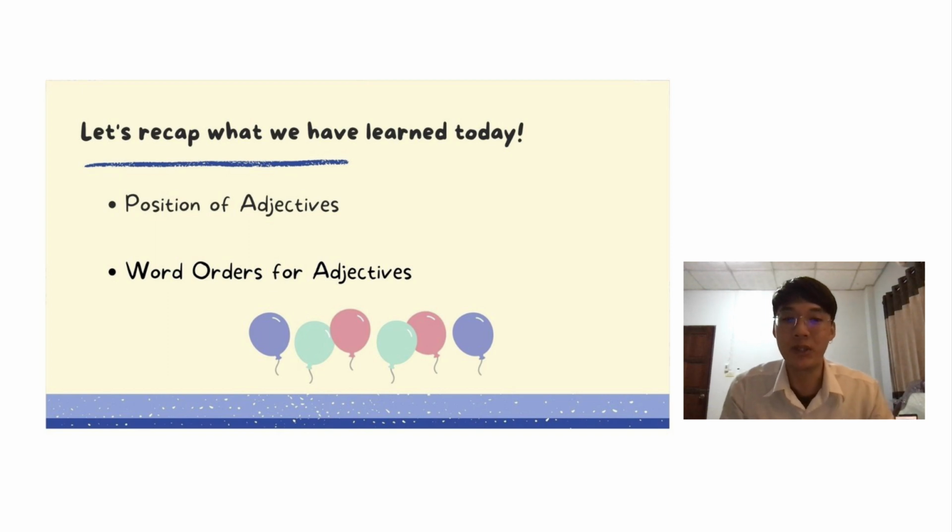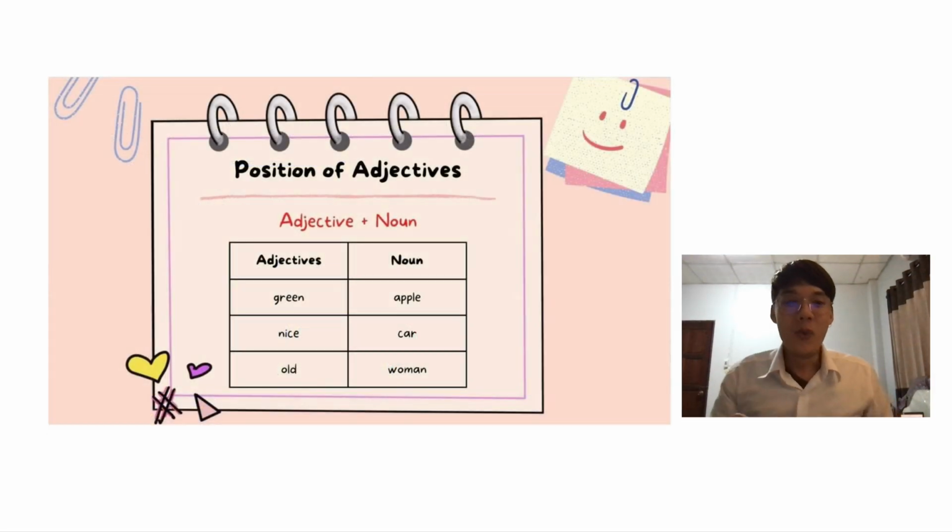I will recap what you have learned today, which are position of adjectives and word order of adjectives. Well, an adjective is a word that is used to describe a person, place, or thing, and it also modifies nouns. Moreover, in the English phrase, an adjective often comes before a noun.